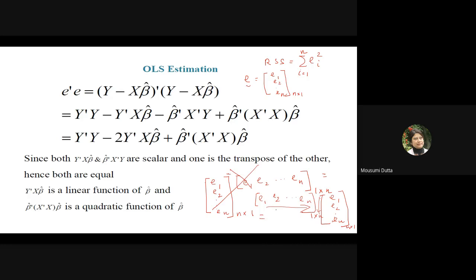What we will get? Summation e_i square. Very good. We are getting e1 square plus e2 square plus up to en square. So we are getting summation e_i square.